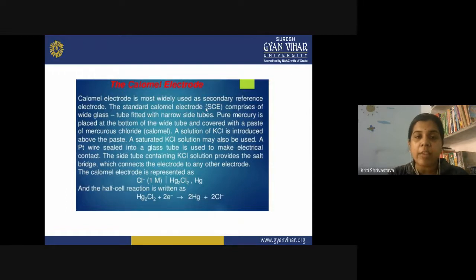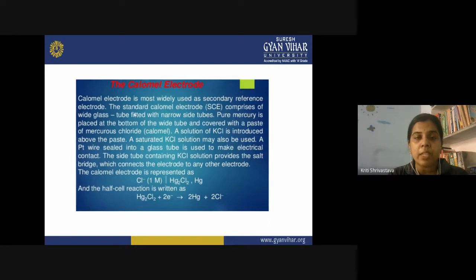The standard calomel electrode comprises a wide glass tube that you have just seen in the diagram. It is fitted with narrow side tubes. So a large glass tube having small narrow glass tubes inside.